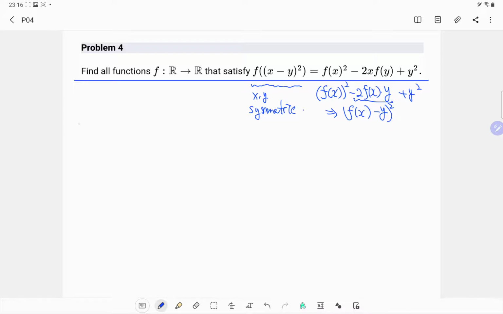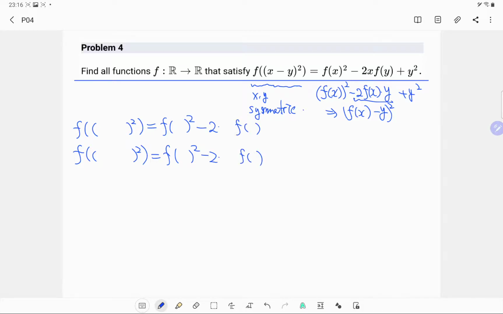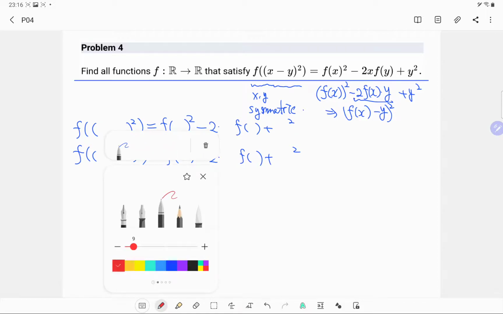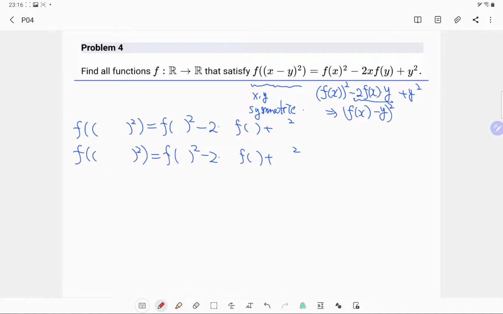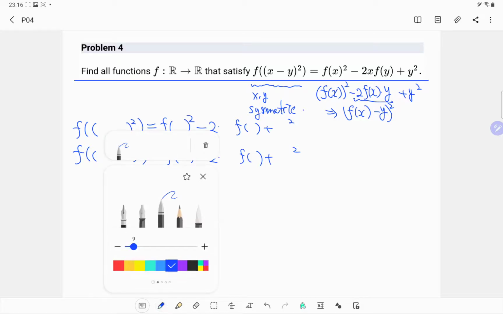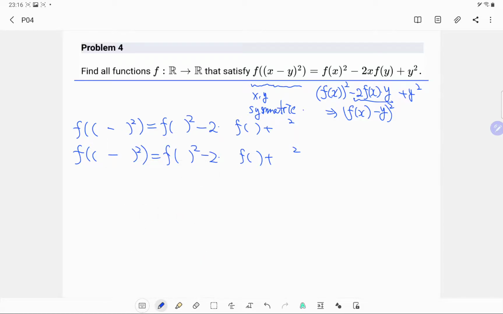So we can write it out like this: the left hand side with x and y swapped equals the same expression with the roles exchanged.